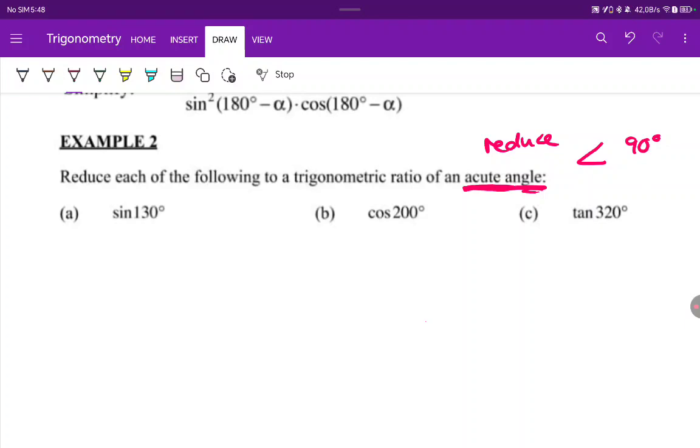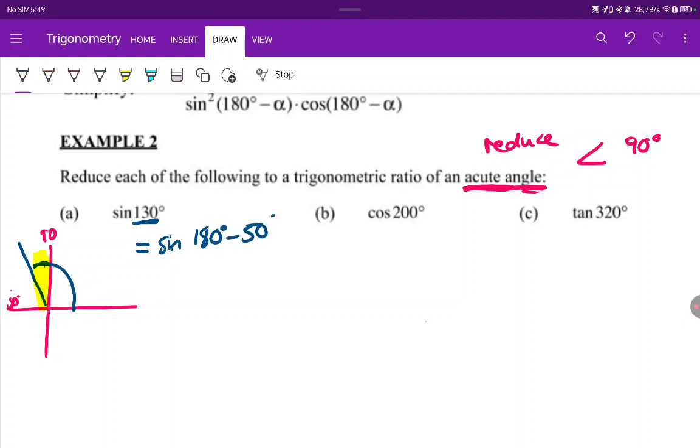So right now, if I sketch our first diagram, we know that this is 90, that's 180, and our 130 is in between there. So we're looking for this angle from here to there. But basically, we're actually only looking for this over there. So how do we go about doing that? Sine of 130 can be written as sine of 180 degrees minus 50.